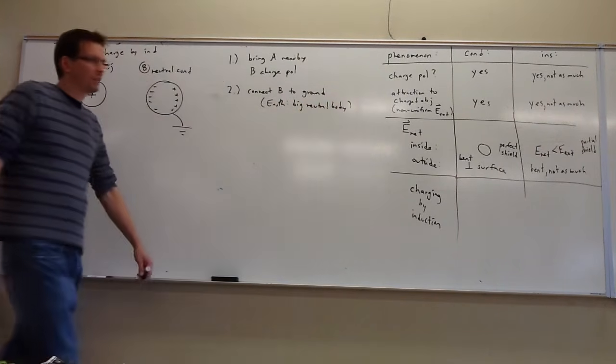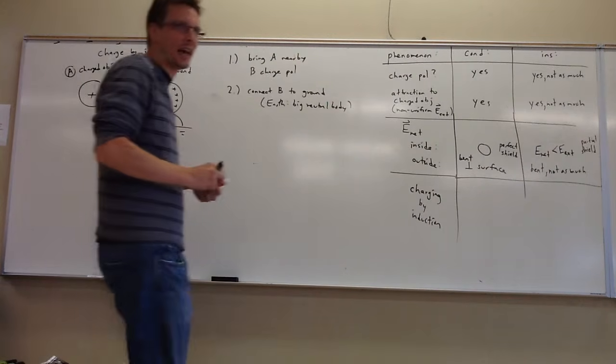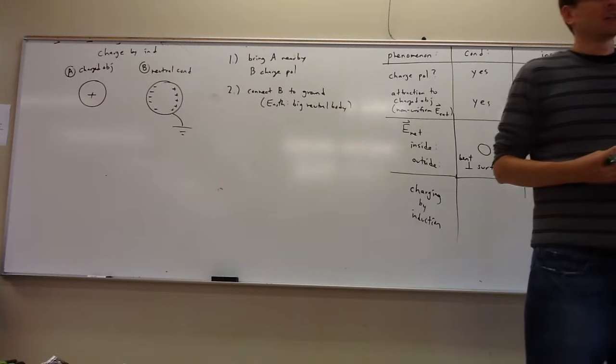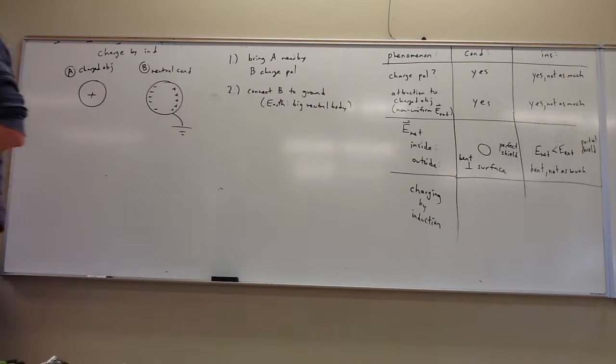Now the earth, because it is a big neutral body, will basically be a source or sink for charge as needed. So if we want, we can ditch a bunch of charge into the ground, and it's still basically neutral because it's dispersed along the entire Earth. If we send a bunch of electrons into the ground, they're basically gone.